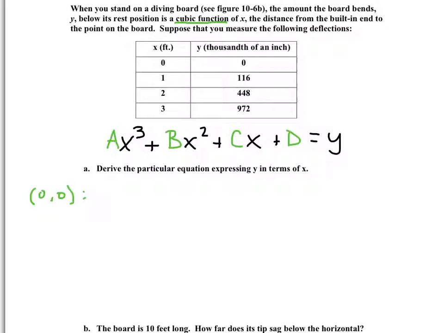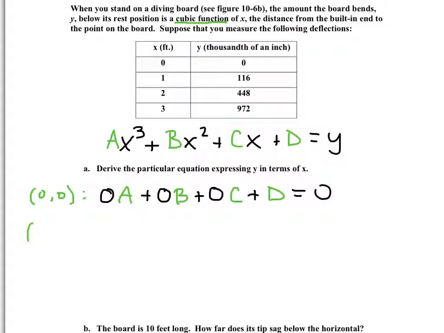We should get 0 a's plus 0 b's plus 0 c's plus d equals 0. Now we have to do this for each of the other 3 ordered pairs.